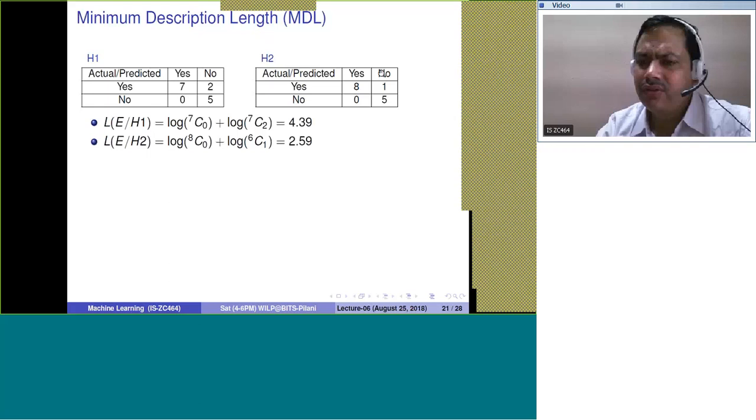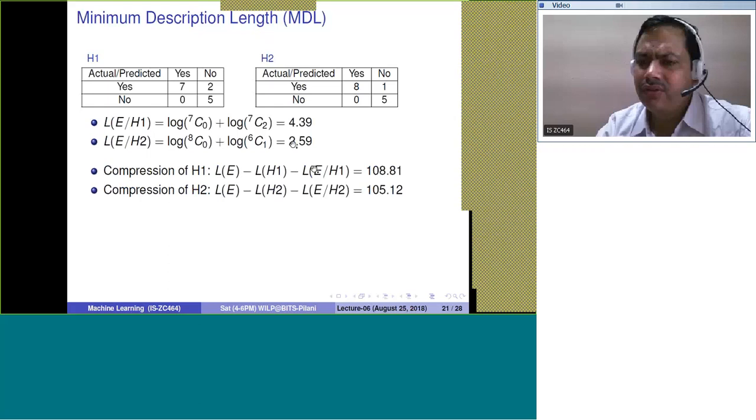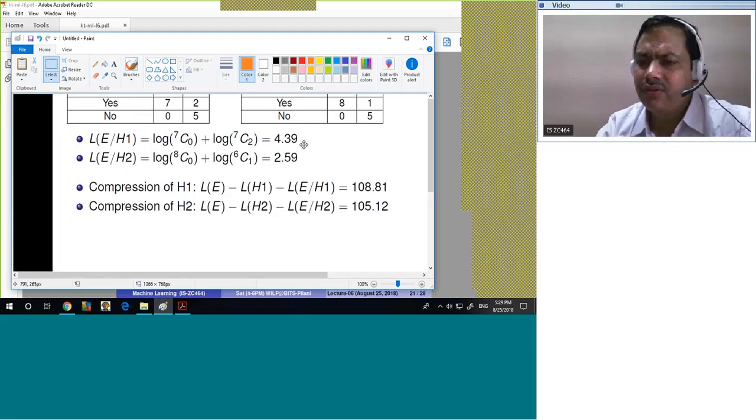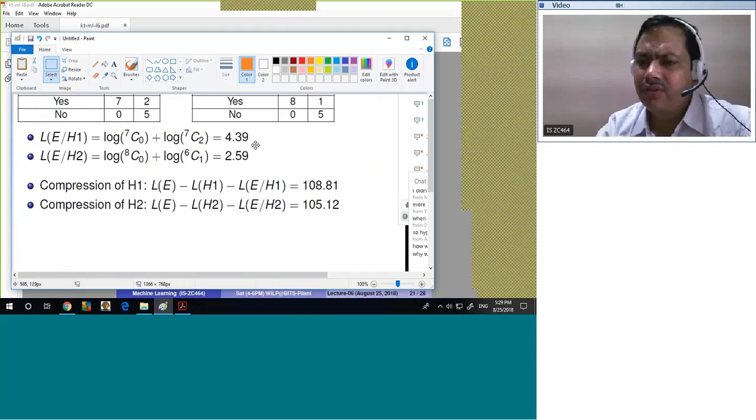But for H2, since it is a better algorithm, you need fewer bits for exceptions. But when you put it into the complete formulation, meaning how many bits you have, you can do the compression. Let me just write out this formula for you. In this formula, the length of the data is 122.